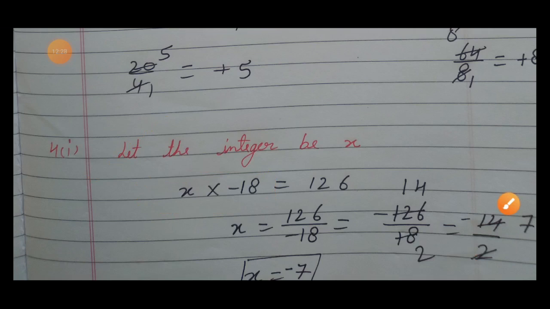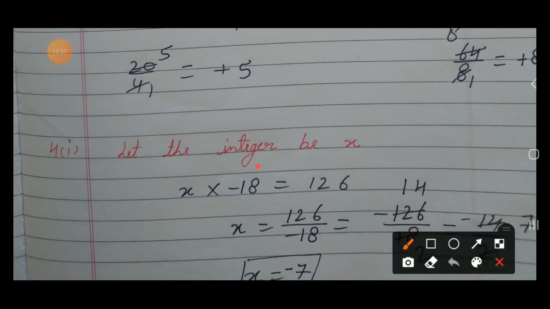Let's take this minus 18 on right hand side. If we shift this on right hand side, here in left hand side this is in multiplication. If we take this on other side, it will come in division. 126 divided by minus 18.